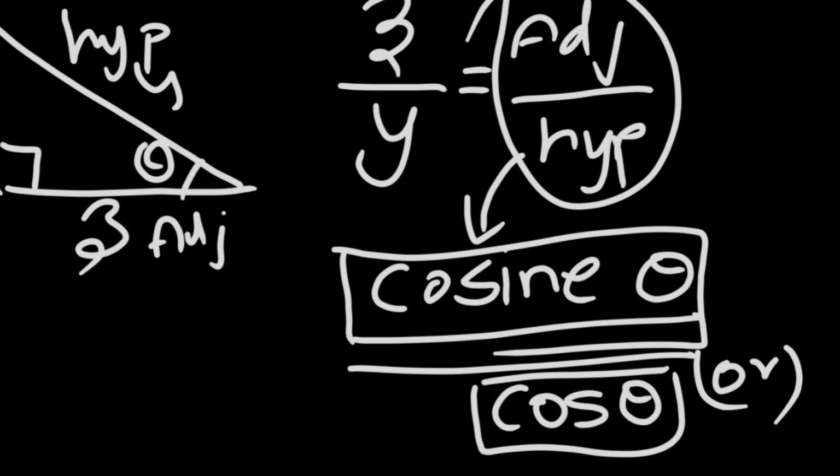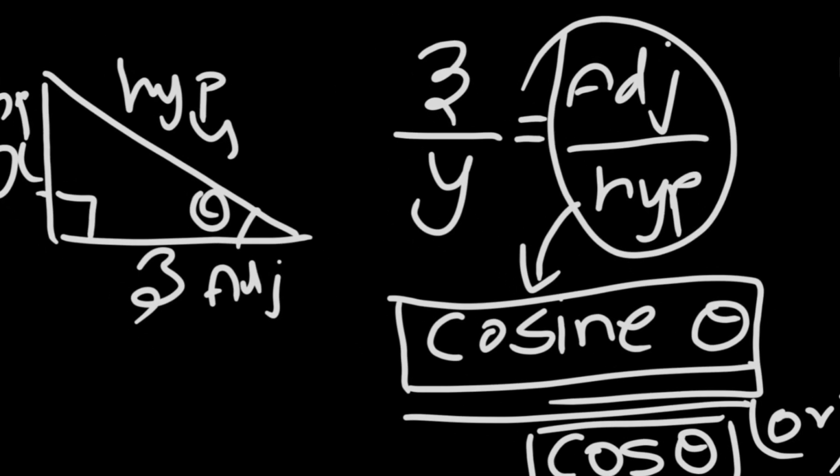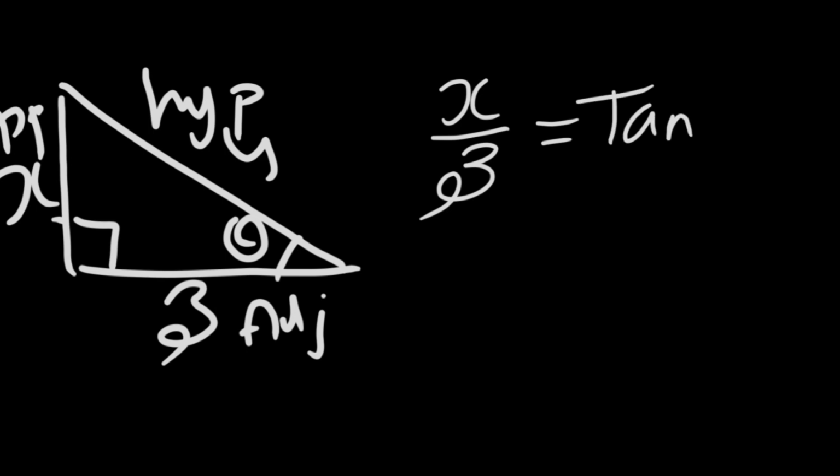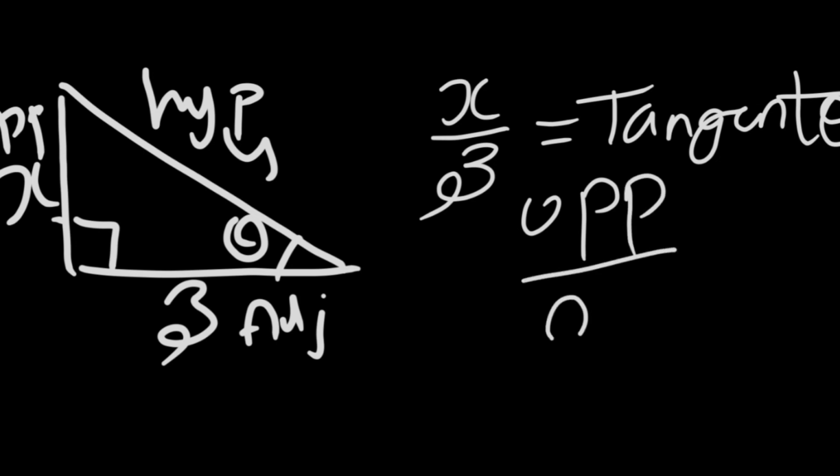Yeah. So this is the second ratio, and the next ratio is x by z, which they have named tangent theta, and the ratio is opposite by adjacent.